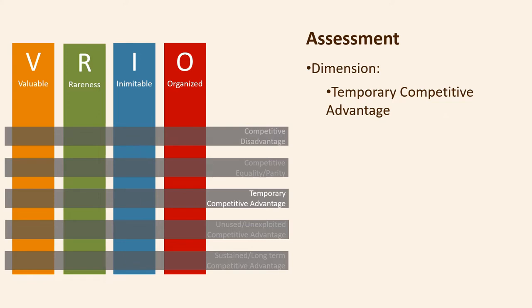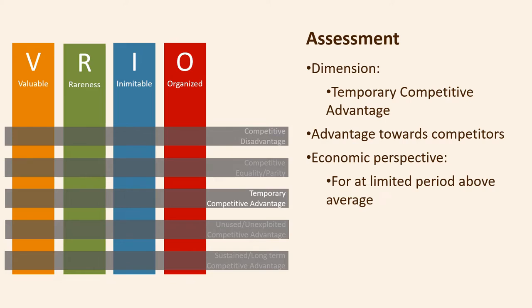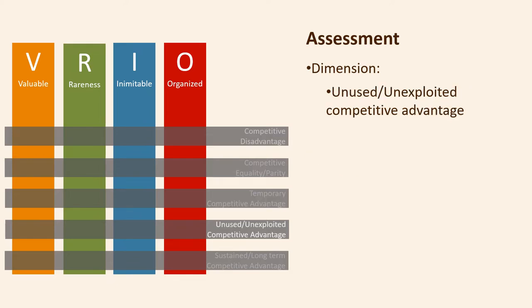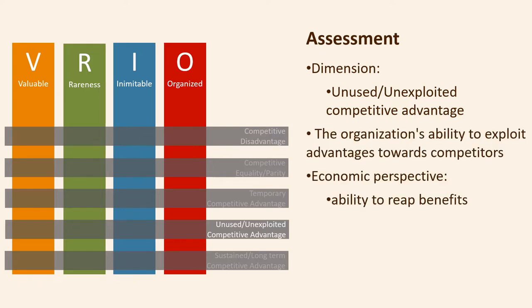The third is temporary competitive advantage, where our company has an advantage when compared to our competitors, but only for a limited period. The fourth is unexploited competitive advantage, also called unused competitive advantage. This dimension is about the organization's ability to reap benefits.